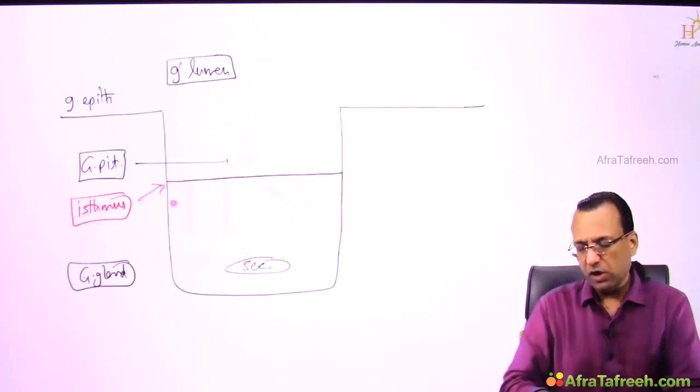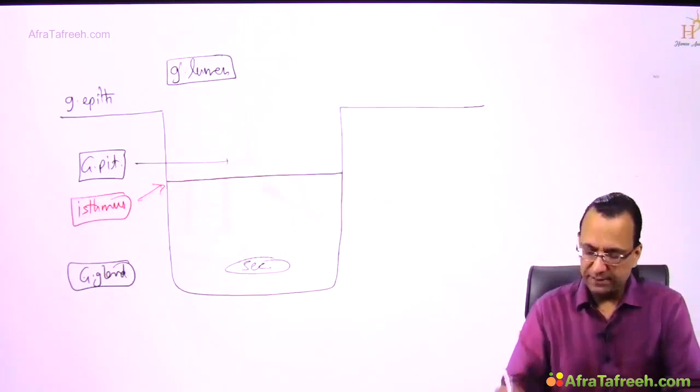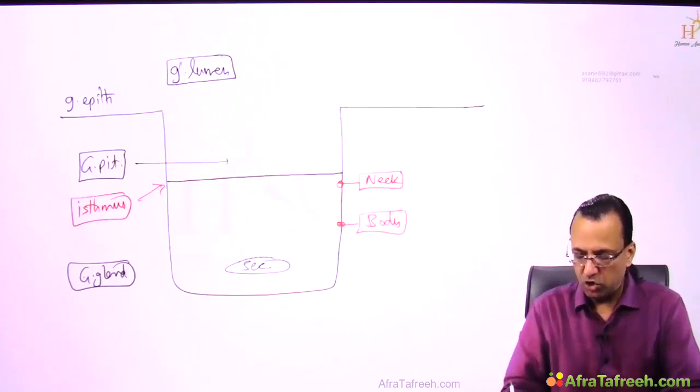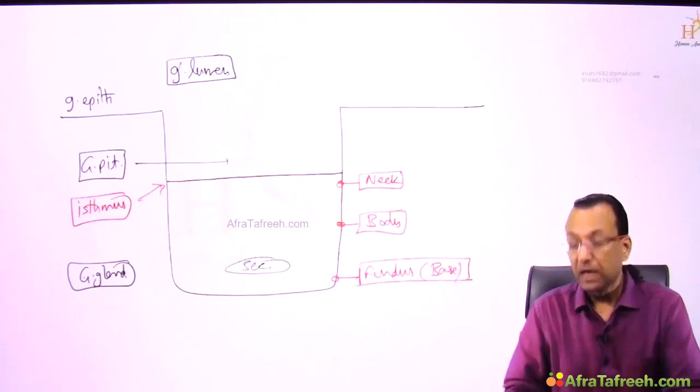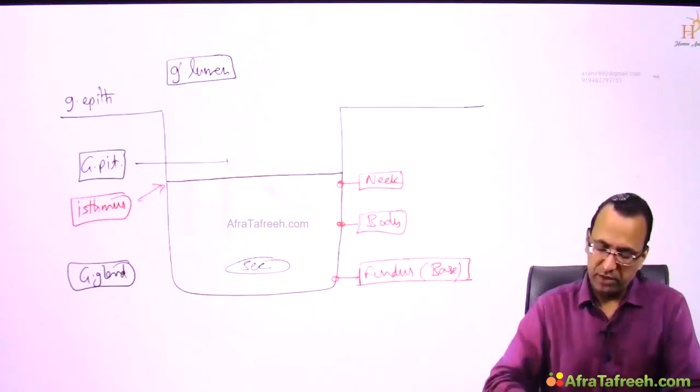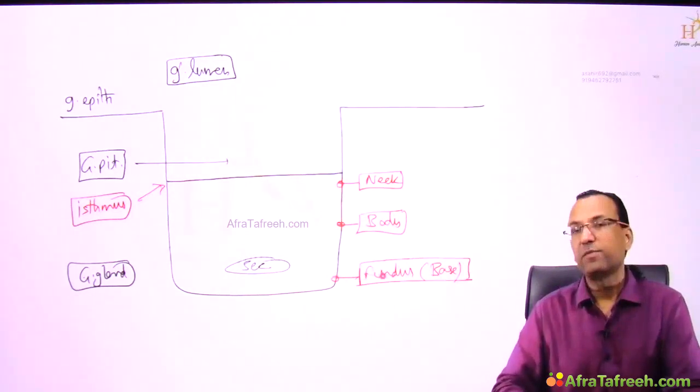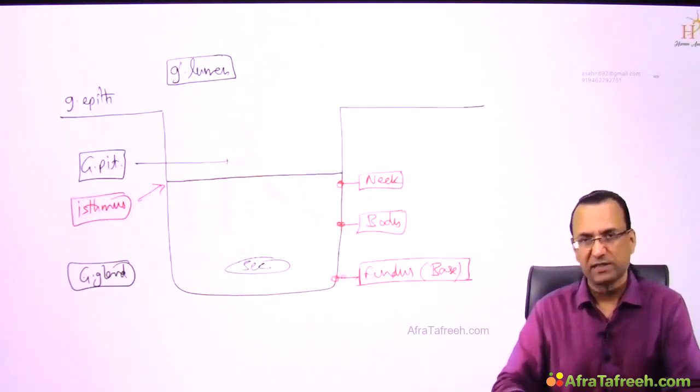Now, below the isthmus is the neck region of the gastric gland, then the body of the gastric gland, then the fundus, or you can say the base, of the gastric gland. Which types of cells are there?